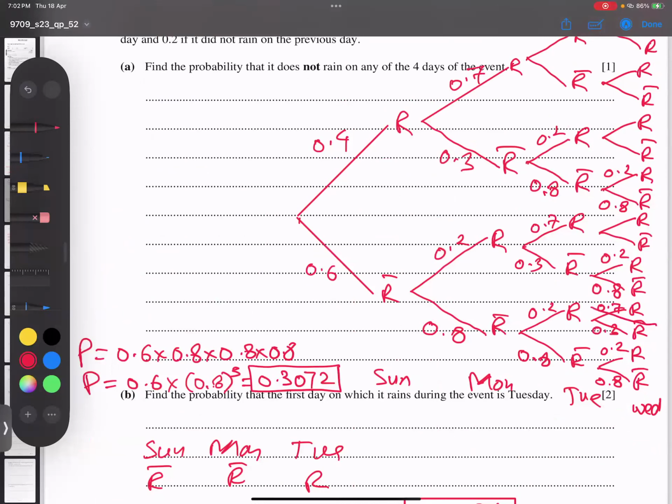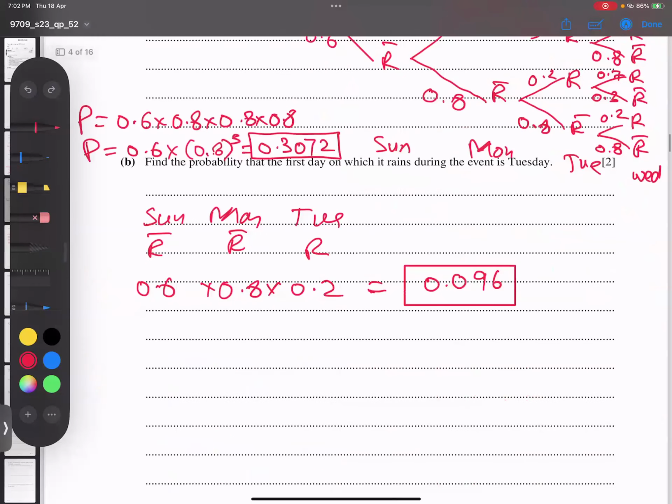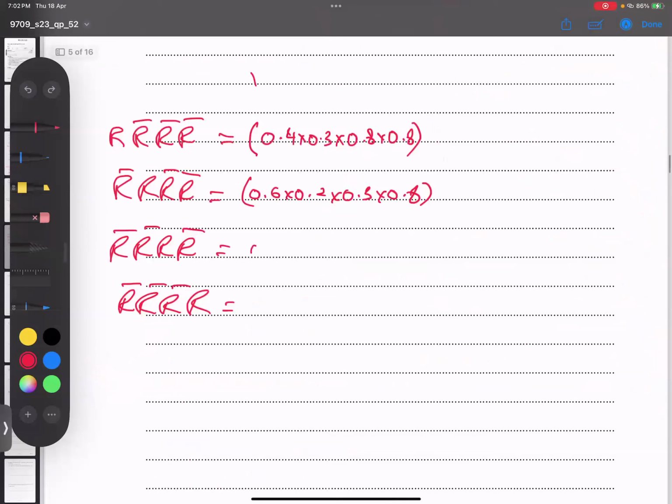So I talk about this branch. No rain, rain, and so it means 0.8, 0.6, 0.8, 0.2, and 0.3. 6, 8, 2, 3. 6, 8, 2, 3. Clear.